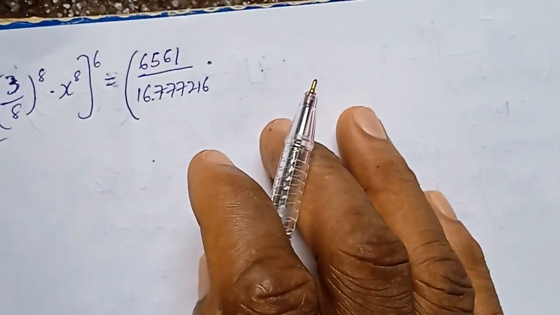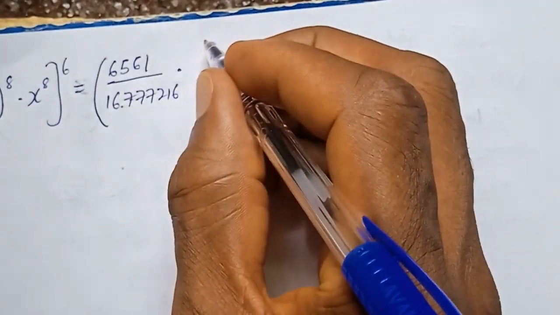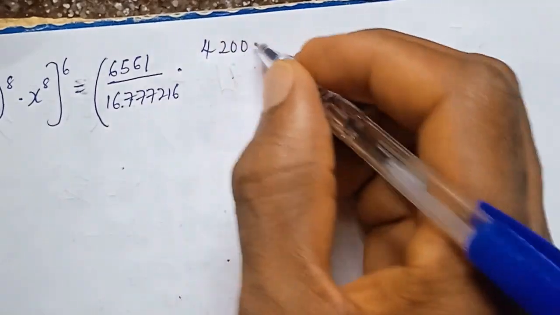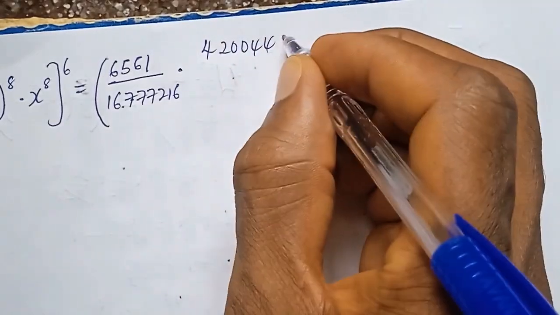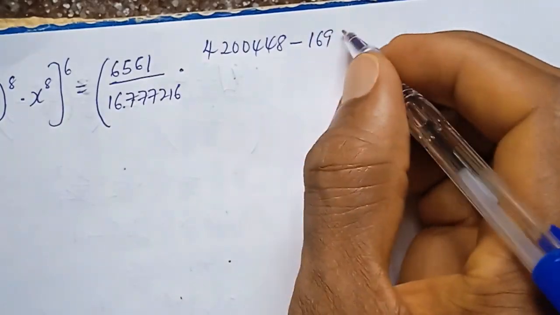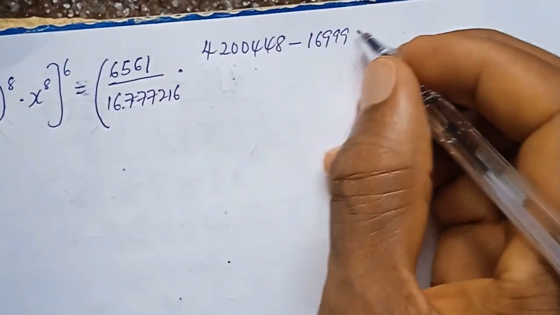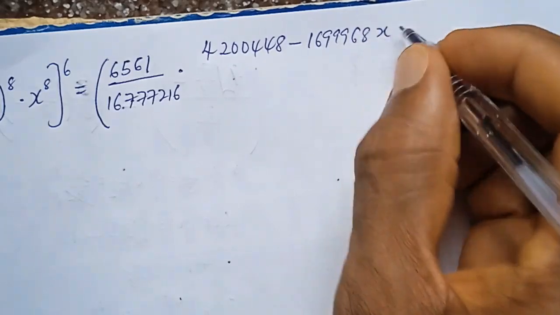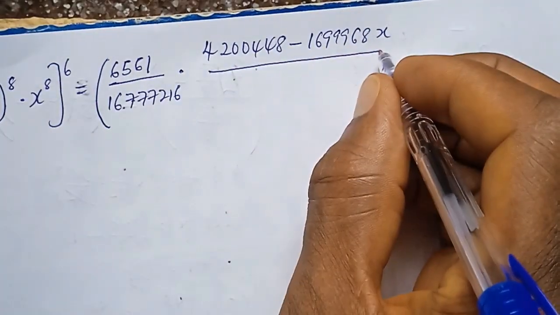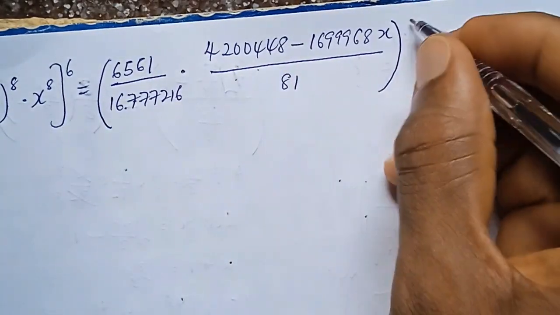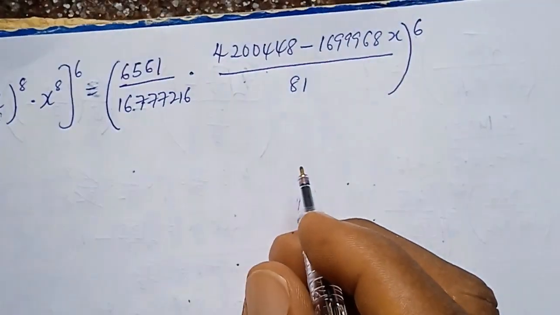So this is multiplied by the x that we have gotten earlier, and the value of that x gives us 4,200,448 minus 16,999,68 x, all over 81 into bracket power 6.